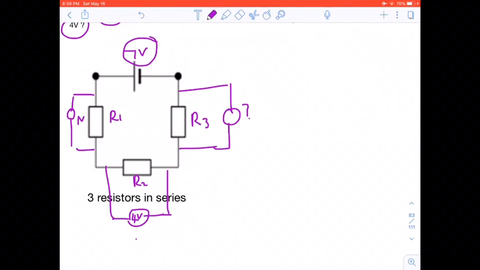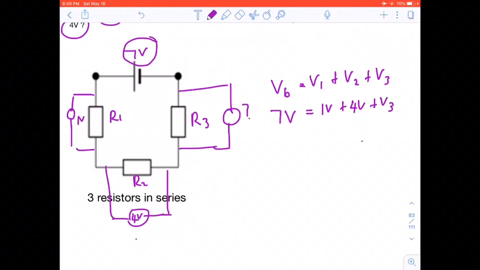So here in this case, we know that V of battery, or V total, is equal to V1 for resistor 1 plus V2 for resistor 2 plus V3, the voltage across resistor 3. But we know the voltage of the battery is 7. V1 we know is 1 volt. V2 we know is 4 volts, plus V3, we have to find it out.